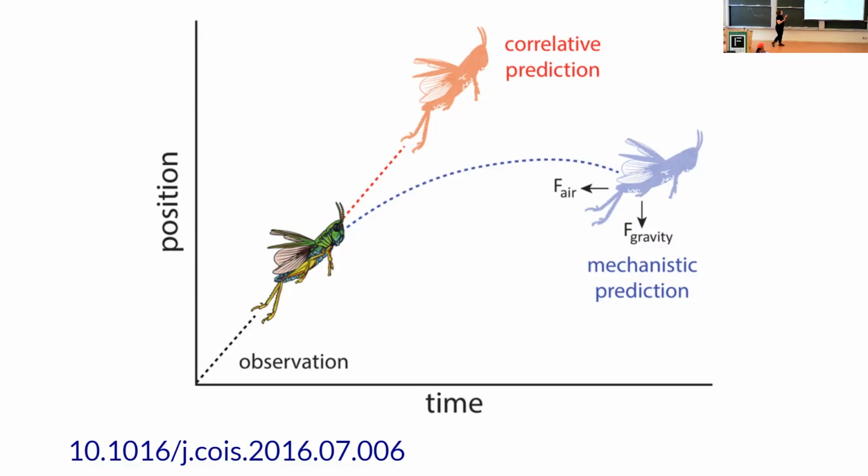And maybe for a time it will continue to go up that way, right? And it's not a terrible prediction. But at some point in time, if you've studied grasshoppers, or if you've studied physics, I guess is probably better, you might realize their flight is affected both by drag, the force of the air pulling back on them as they travel through it, and also the force of gravity.